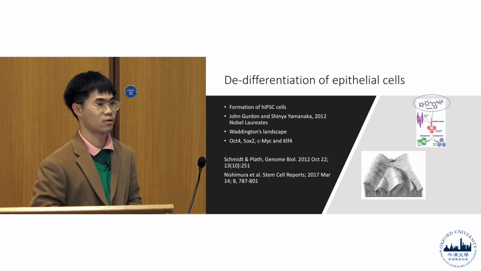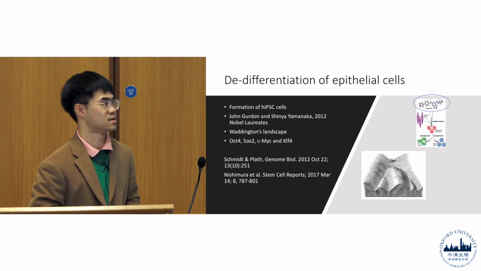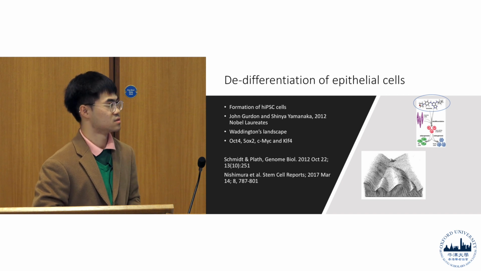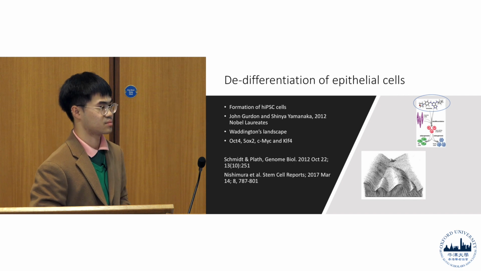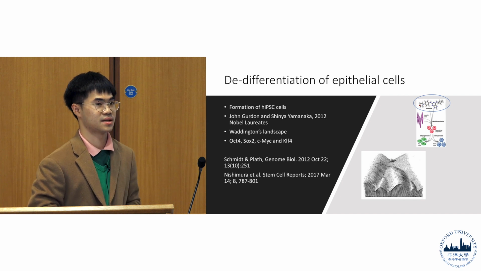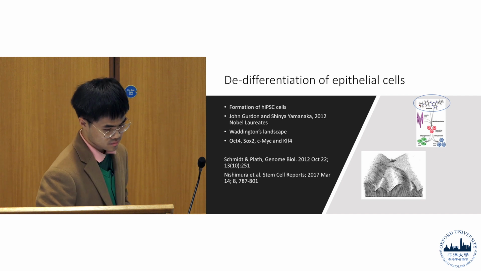To do that, we refer to the experiments of somatic cell nuclear transfer and apoptotic genes, which were done by Gurdon and Yamanaka a very long time ago, which led to them being awarded the 2012 Nobel Prize.